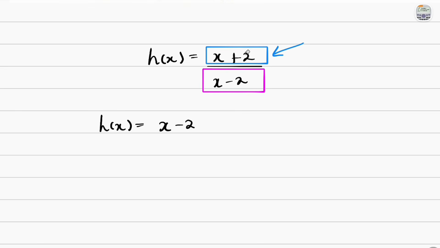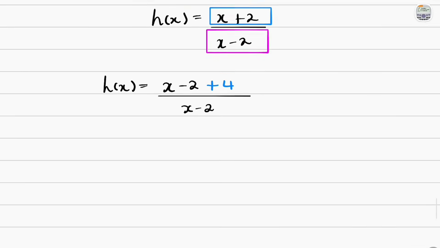Focus on the negative 2. How do you get negative 2 to become 2? You add 4. So this is x minus 2 plus 4, still over x minus 2. We have not changed anything, just the way it looks. It's still x plus 2 if you simplify that.